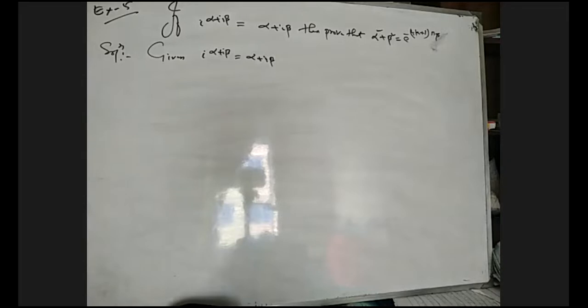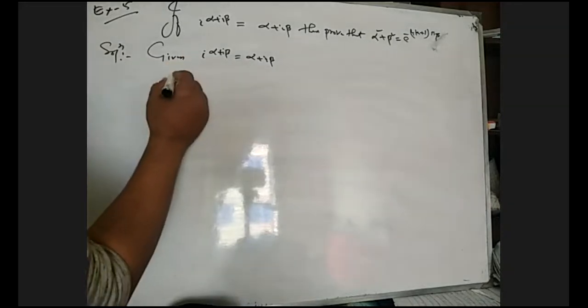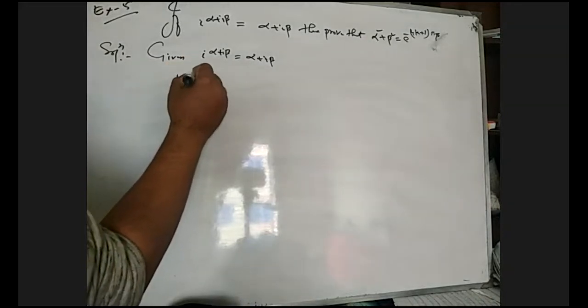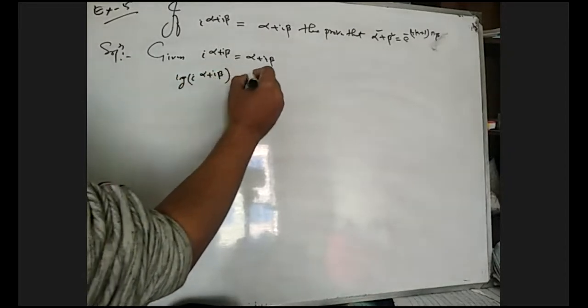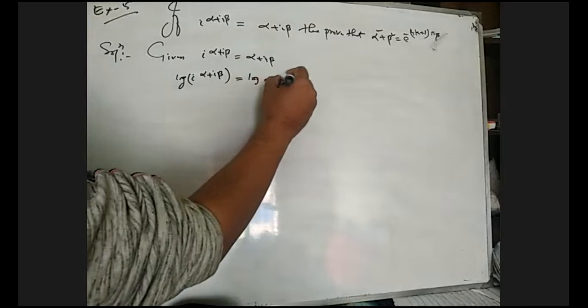So taking logarithm on both sides, this equals log of alpha plus i beta.